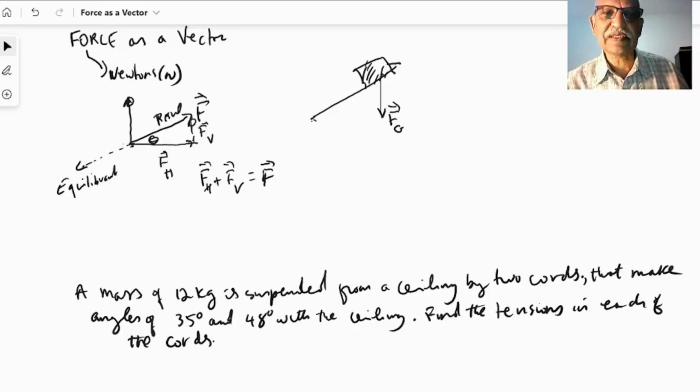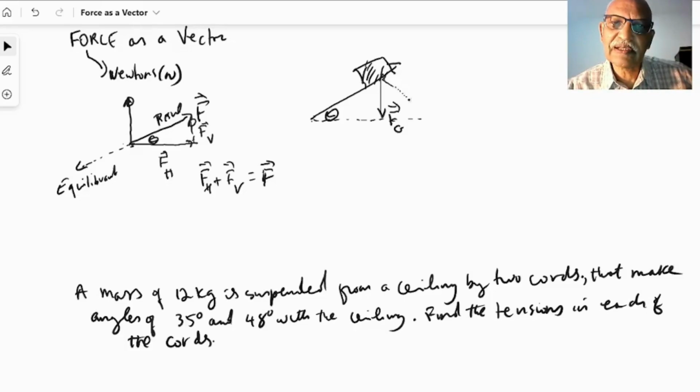If this is an angle theta, this force has two components, which is vertical, which is called the normal. This is the vertical, which is the same as the vertical, or we call it the normal. And this is the horizontal force, horizontal component, FH.